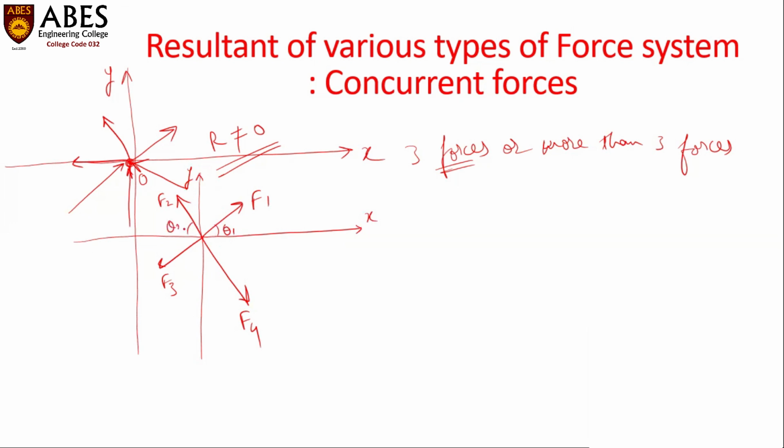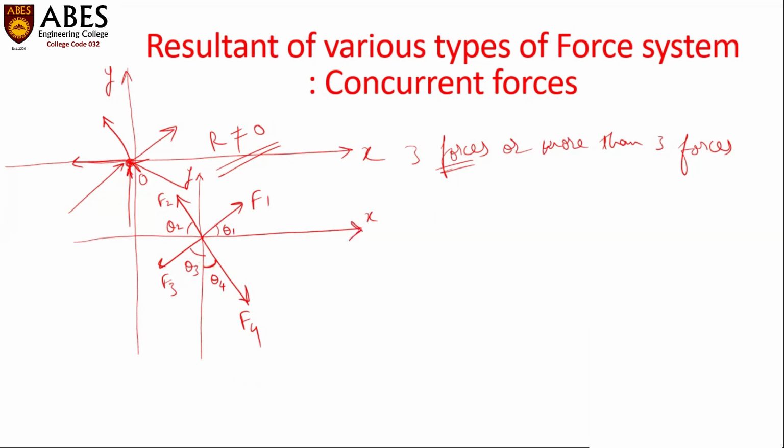This angle is theta 2. Now I am taking the angle from vertical. This angle is theta 3. And this angle is theta 4. So just from a learning point of view, I have taken the angle of 2 forces with horizontal and the angle of the other 2 forces with vertical. So we will find the summation of all the horizontal components of forces.